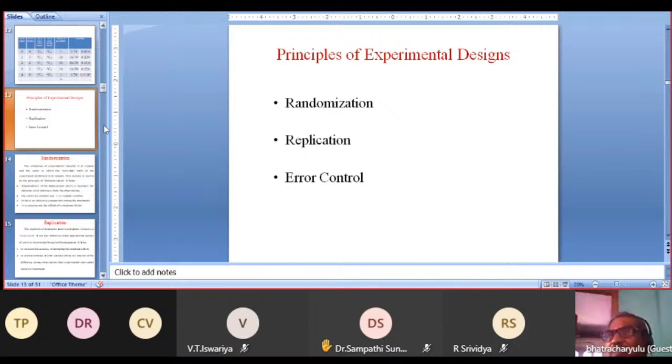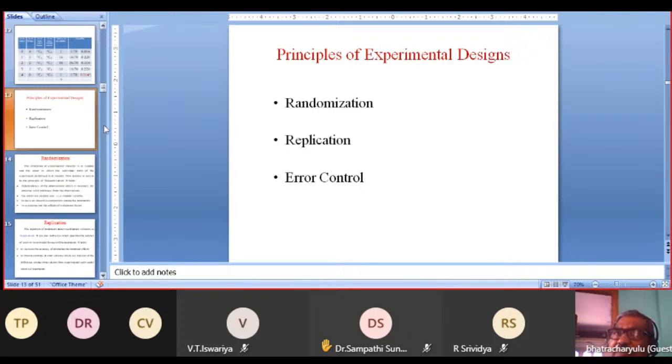The second time, because we are not familiar with the methodology, the conducting of the experiment, or the set of rules, there is a chance to commit mistakes. Therefore, you have to become more familiar with conducting the experiment.